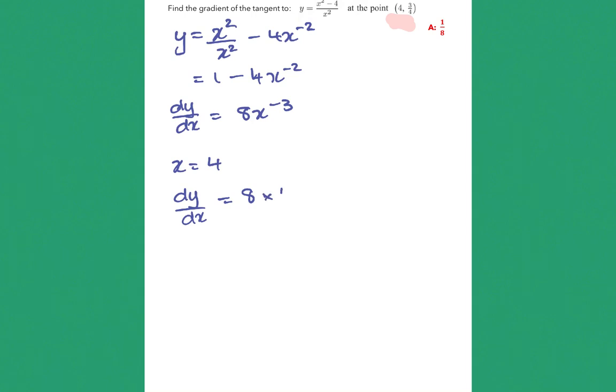So dy dx equals 8 times 4 to the negative 3. 4 cubed, but on the bottom of the fraction. 8 over 4 cubed, which equals 1 over 8. Use your calculator if you need to check. So the gradient of the tangent is 1 over 8, quite a shallow gradient.